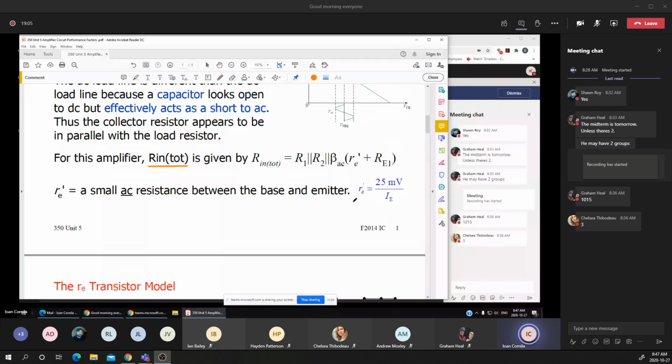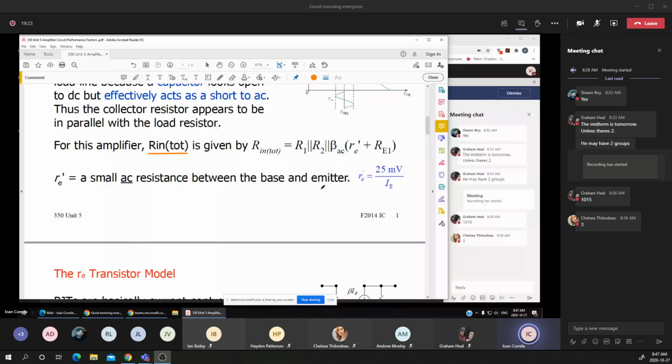Now the question is how we can determine this value. This value depends on the emitter current and 25 millivolts over the emitter current. That's one easy way to determine the re, or the base emitter resistance, based on the emitter current.